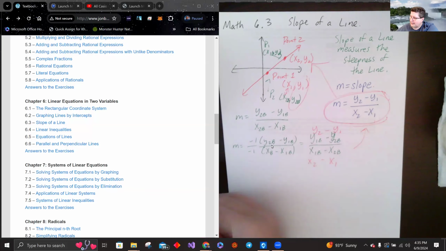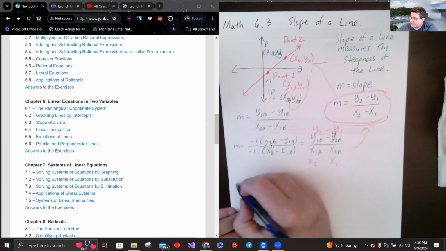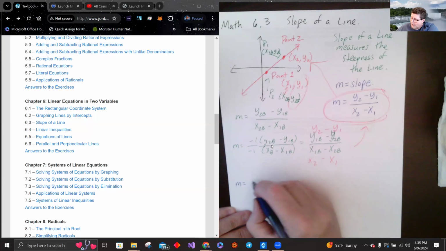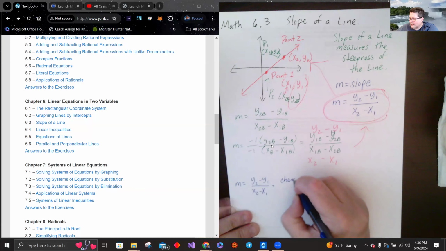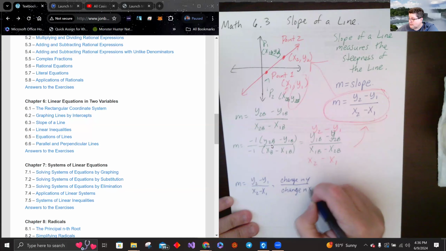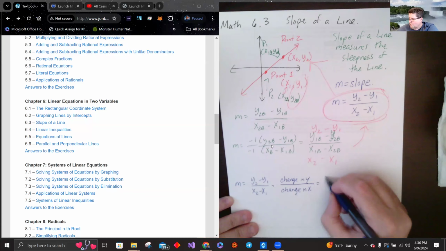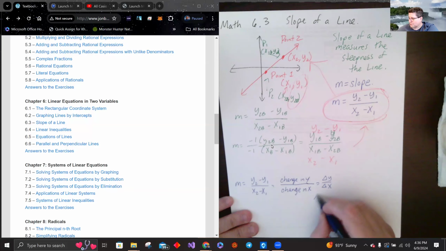So we say the slope is y2 minus y1 over x2 minus x1. This is the change in the y direction over the change in the x direction. We use triangles to represent change. That's the Greek symbol delta, and it means change in mathematics.